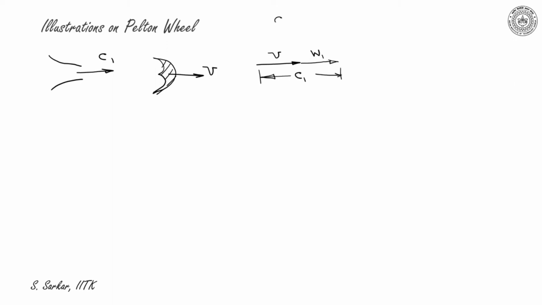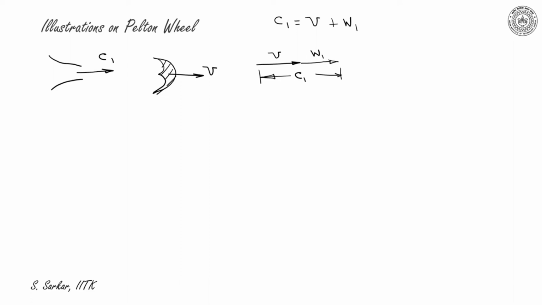Hence I can write at the inlet C1 is U, that is bucket speed, plus W1, the relative velocity of the flow with which it is entering the bucket, right?